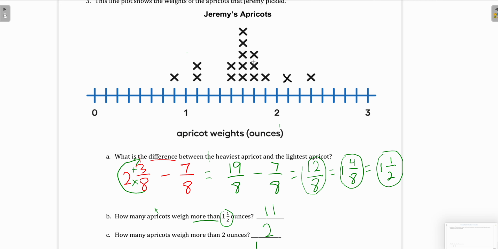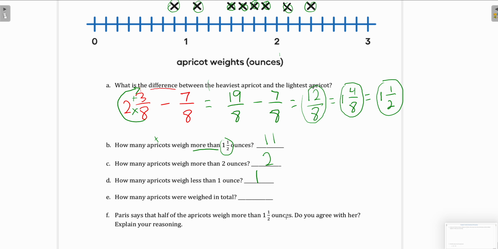So you go ahead and you count it. 1, 2, 3, 4, 5, 6, 7, 8, 9, 10, 11, 12, 13, 14, 15, 16. So how many apricots were weighed in total? 16 apricots.